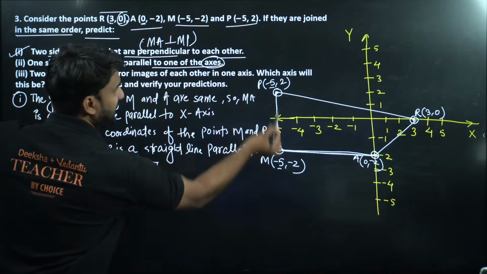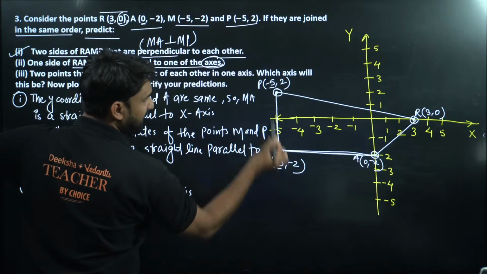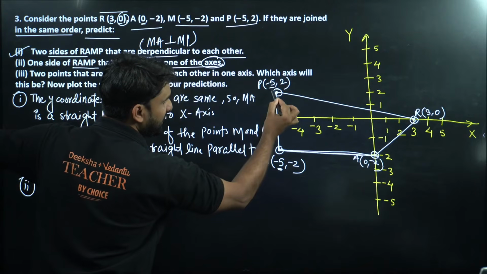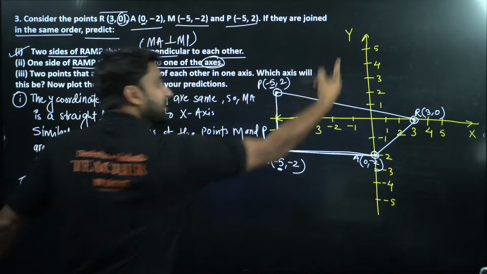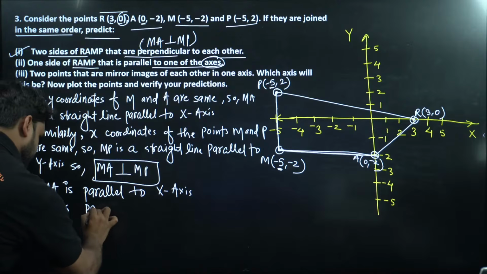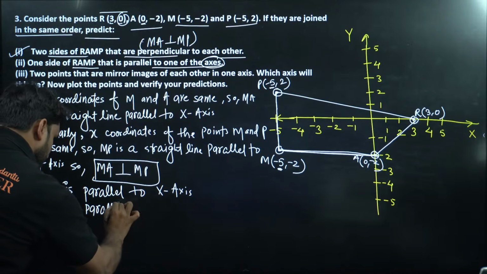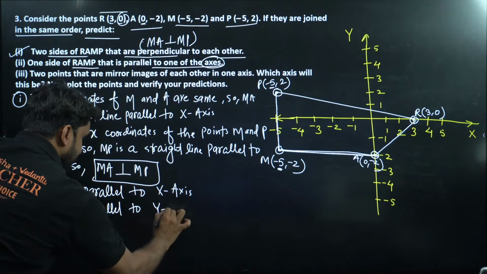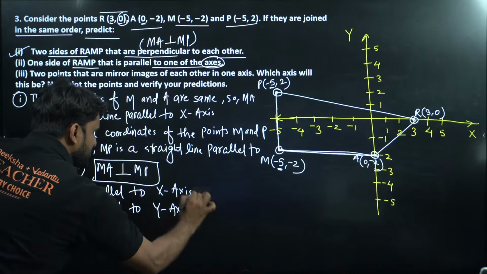And in MP, M and P, the x coordinate is the same, and if x coordinates are the same, that will be parallel to the y-axis. So MP is parallel to the y-axis. You can mention the reason here.